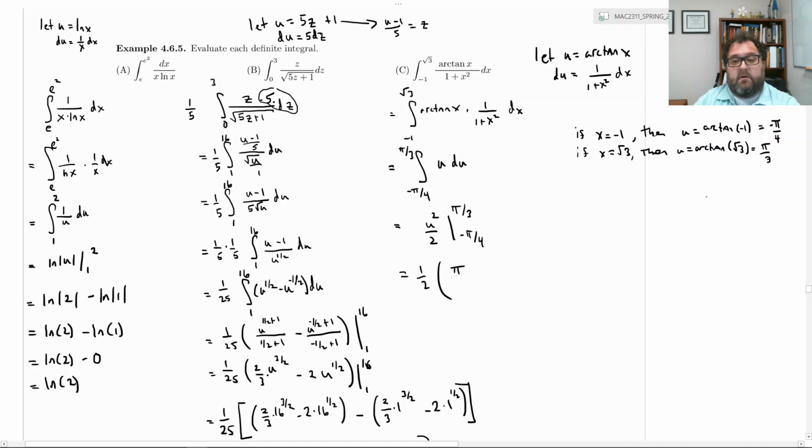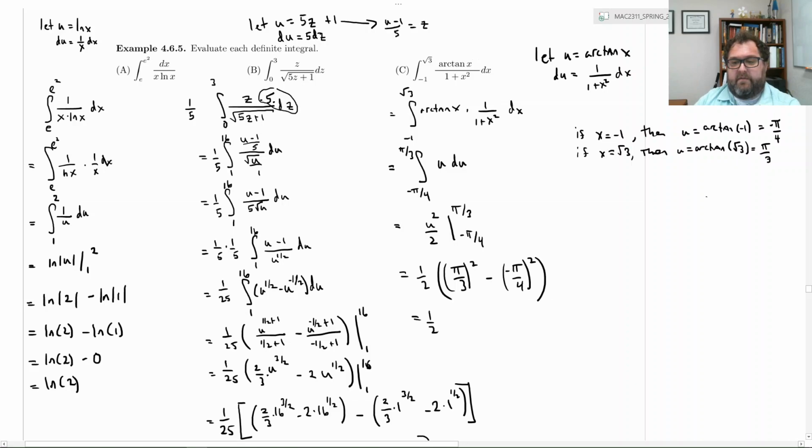So it'll be pi over 3 squared minus negative pi over 4 squared. Again, I factored a 1/2 out because if I didn't do that, I'd have a compound fraction, and I like to avoid compound fractions. Okay, so let's see what we get here.